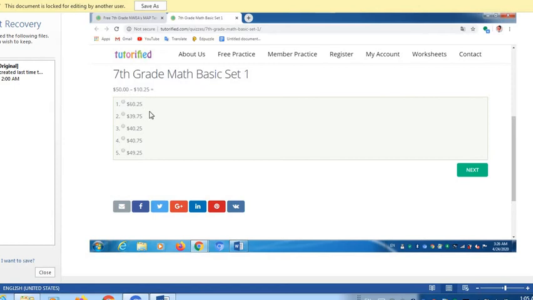After doing the subtraction, the answer will be 39.75. So don't forget, if you have decimals, you have to add zeros after the decimal point. You have tenths and hundredths, so add them to know how to do the subtraction or the addition.